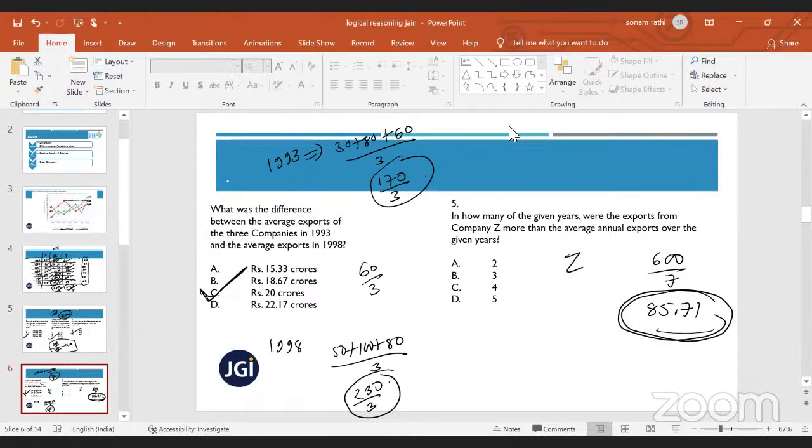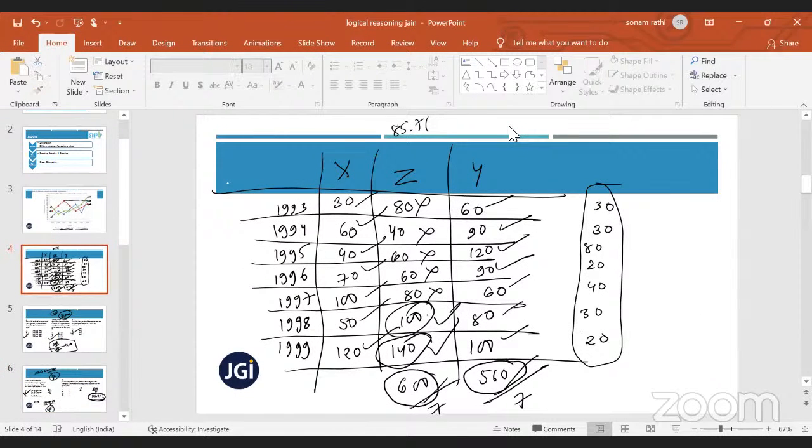No, wait a minute. 85.7, I can find only 2.